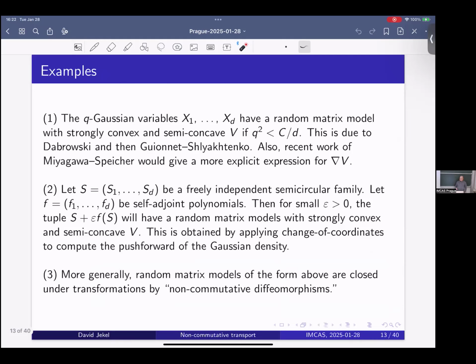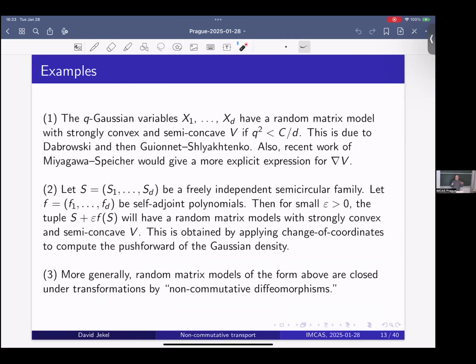Okay, so there are a lot of examples that satisfy this. Maybe as operator algebraists or other people, perhaps you do not necessarily care about this particular random matrix model. But a lot of people have thought about q-Gaussians. For q-Gaussians, you define some non-commutative random variables.